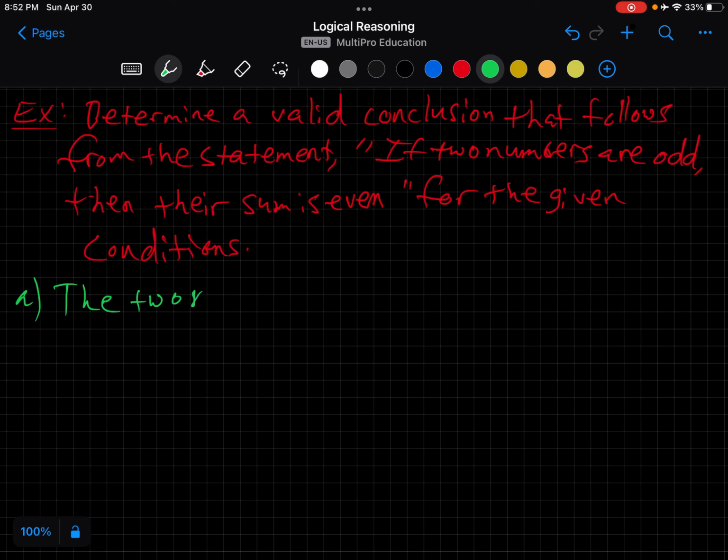The two numbers are 3 and 7. Are these two numbers odd? Yes, they are odd.